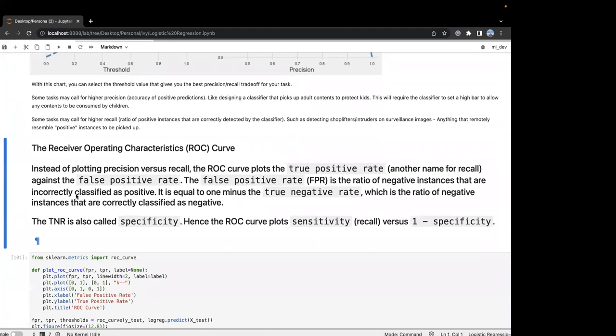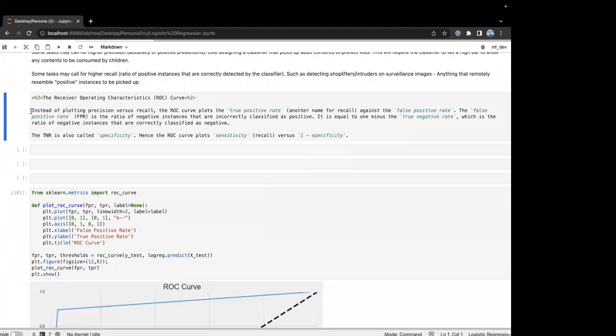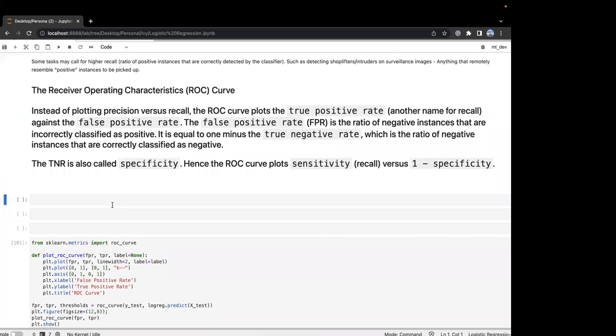Now coming to one interesting metric that has been very useful and has also been asked in a lot of interviews to me personally, as well as to a lot of the students I have worked with. There is a measure called ROC curve, receiver operating characteristics.